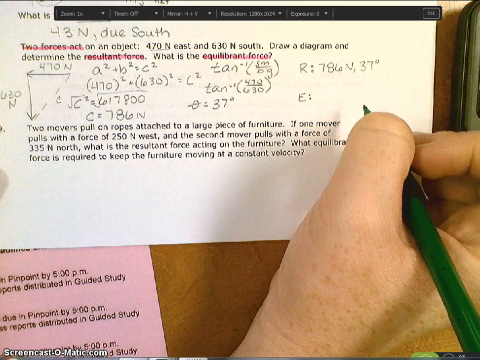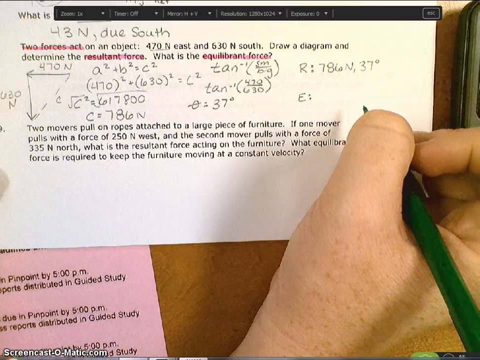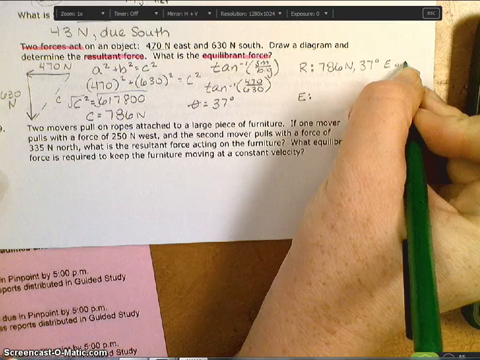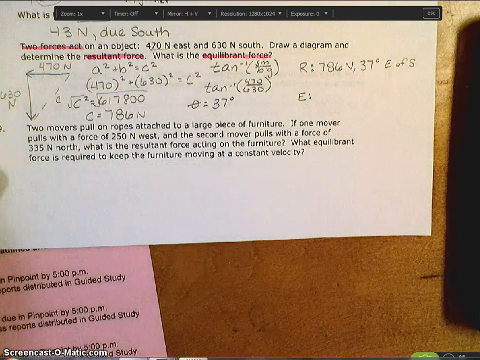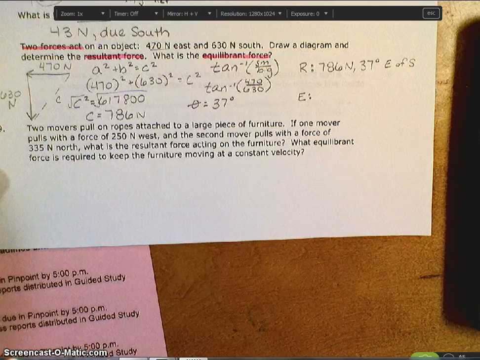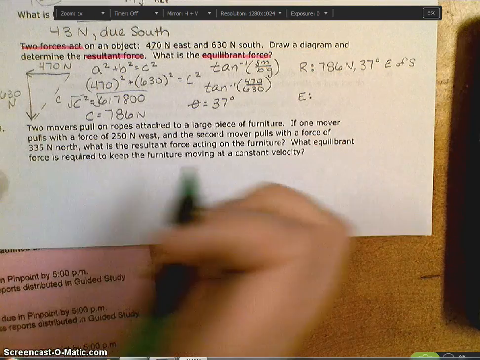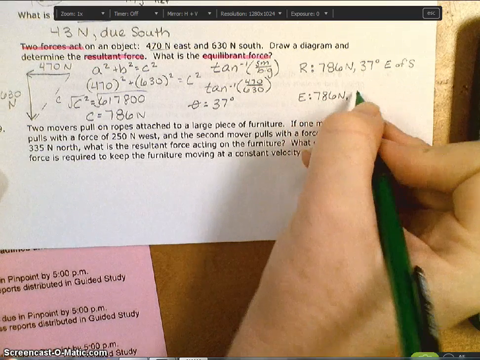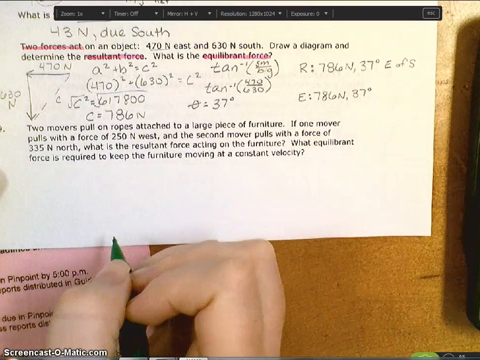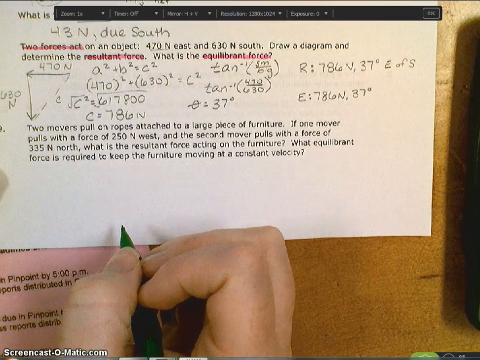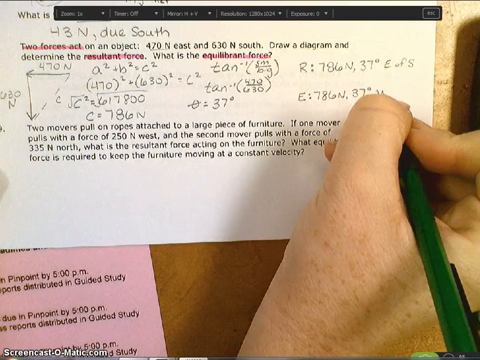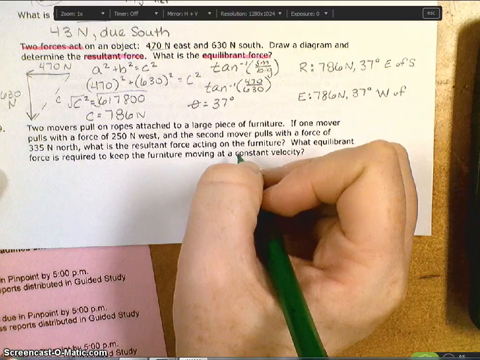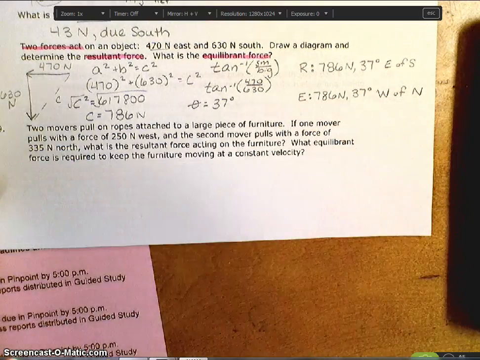I look again at my drawing and I say small direction of big direction, east of south. The equilibrant is very simple. All that I need to do is take the exact same magnitude, exact same angle, and make my directions opposite. The opposite of east is west. The opposite of south is north.